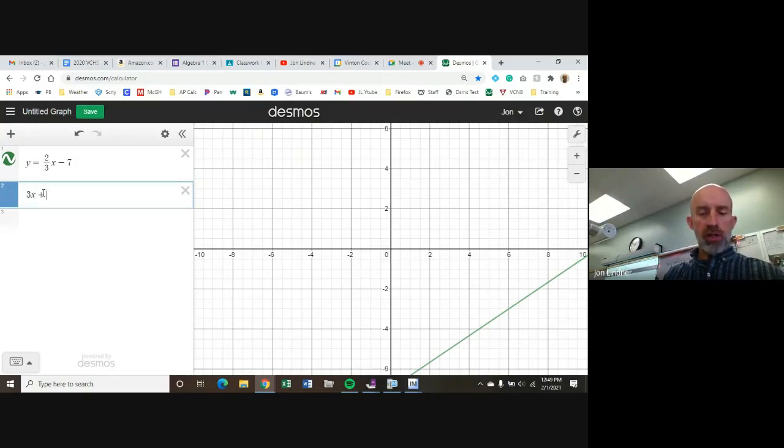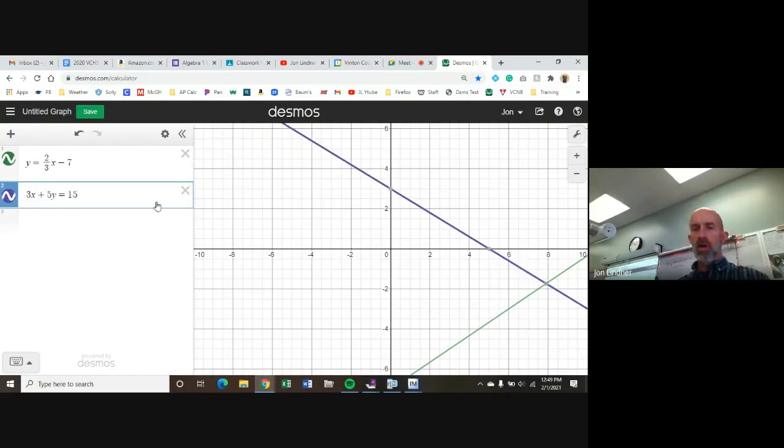It was 3x plus 5y equals 15. I just typed it in the way it was, and there's my point of intersection. Just hover over it, and it tells you what it is. See, if you move your mouse, it goes away. If you hover over it, it tells you what it is. Or you can just click on that point, and it will tell you what it is.